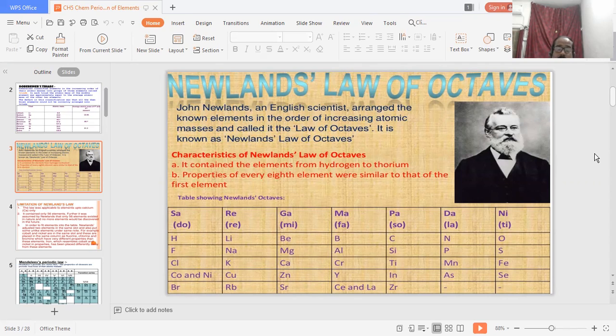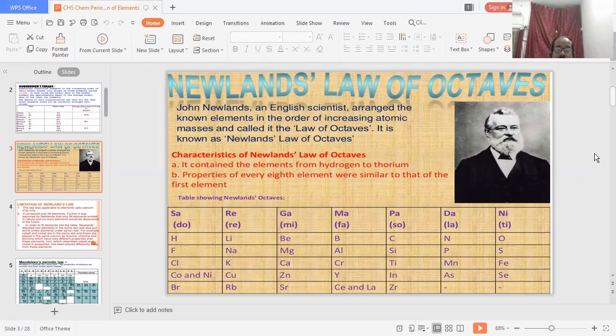In the next row, after sulfur comes chlorine, so chlorine is similar to fluorine. After that, chlorine, potassium, calcium, chromium, titanium, manganese and iron. After iron come cobalt and nickel. These elements have similar properties to chlorine.